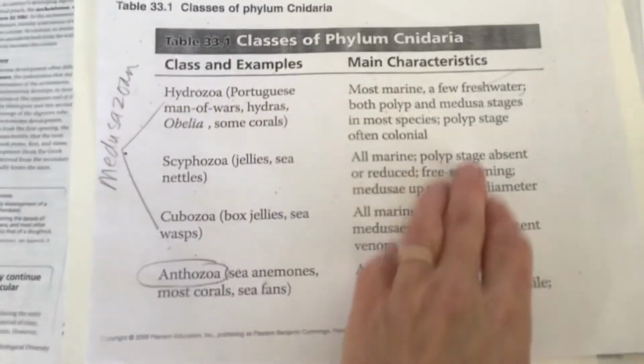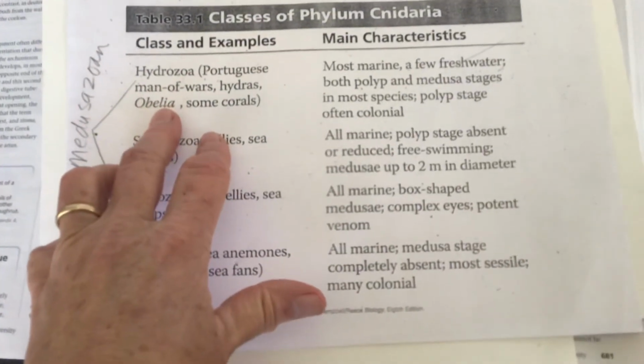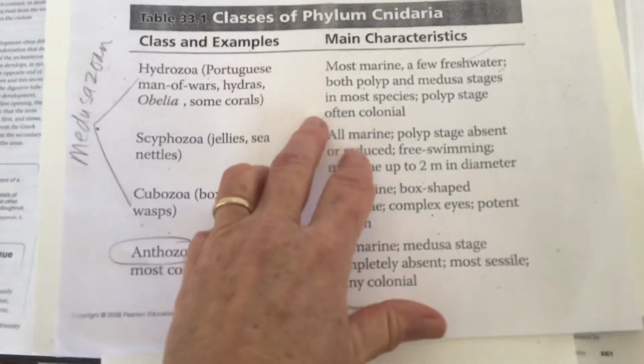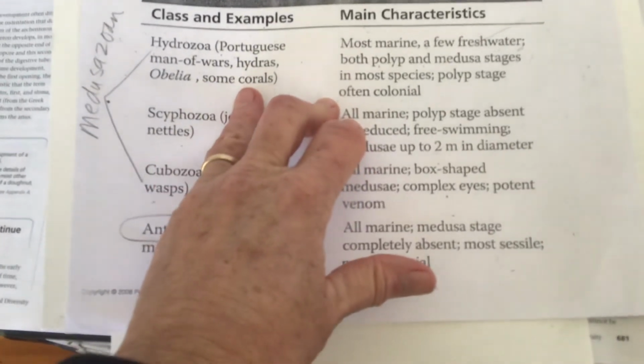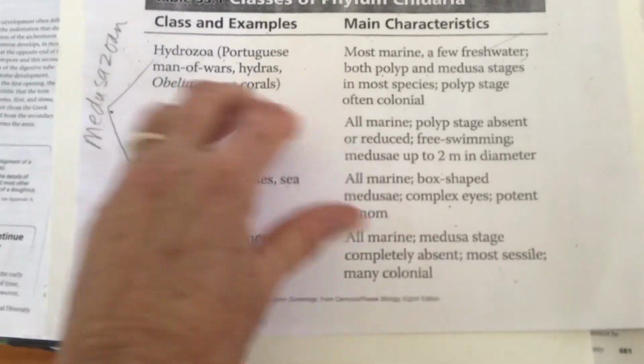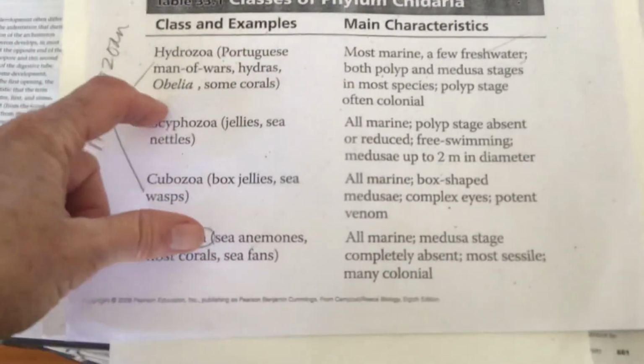These guys all have the polyp and the medusa stage, but this is nice because you can see, for example, the hydrozoa. Some of the things that you know here are things like some corals, the hydra that we were just talking about, man-o-war. These guys are all in the hydrozoa.